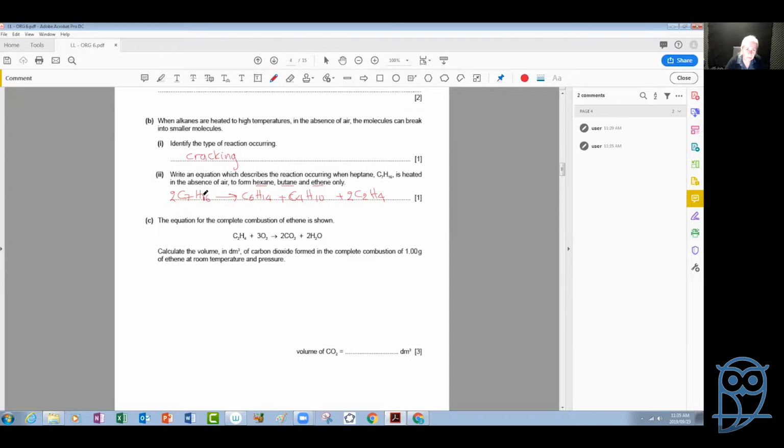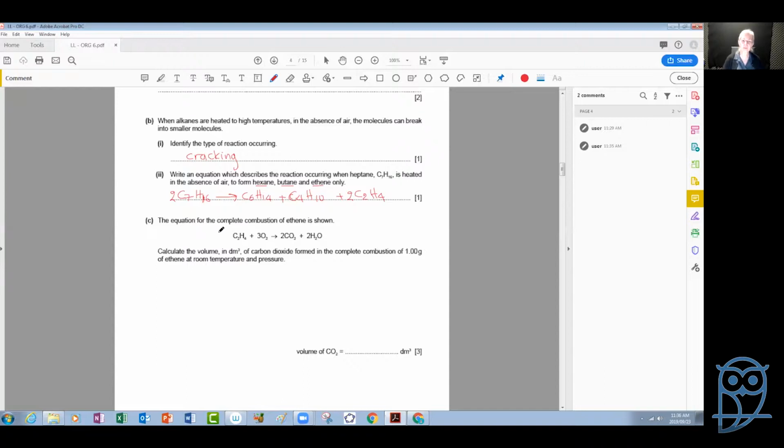Now this will be 32 hydrogens. Do we have 32 hydrogens on the other side? 14 plus 10 is 24, and 8, 32. Yeah, okay, so this is balanced. Okay, so this is the reaction, and we must remember to balance it as well. So that's it. So the questions are not really hard, as you can see. But you do need to have read kind of all the details in the book, in the chapter.